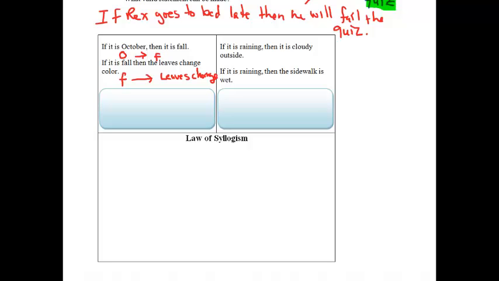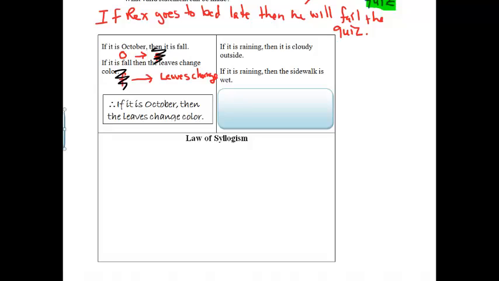What valid statement can we make? We're combining these basically into one statement. The middleman here is that it was fall. And so fall on both parts can cross out, and we have a new statement that says October implies that the leaves will change. So in written form, that's going to read like this. Therefore, if it is October, then the leaves change color.